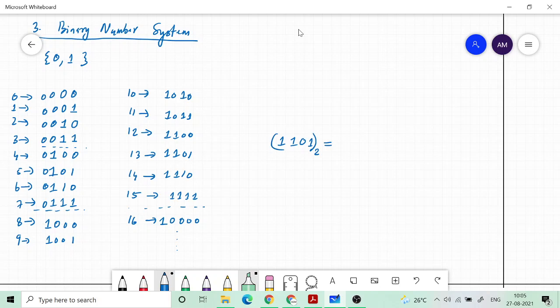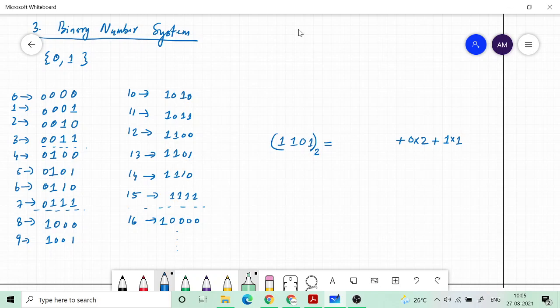Now what does this mean? You start from the rightmost. Here the digit is 1, and it is like the unit place. Then you have 0, the place corresponding to 2, where the place value is 2.